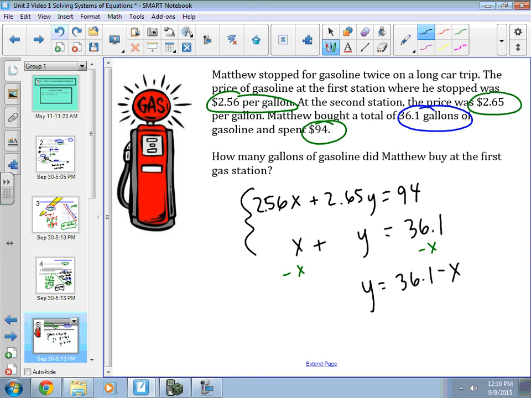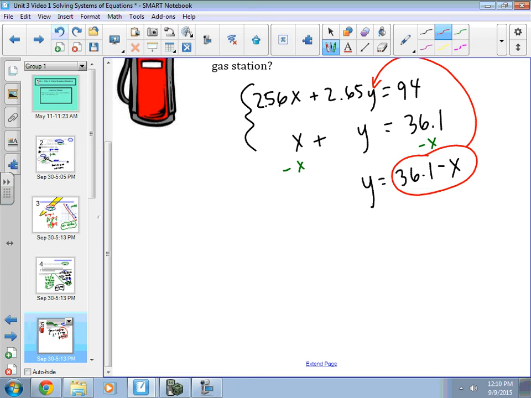Now we can do some substitution and substitute this information in for the y variable here because that's what y equals. So doing that, we get the equation $2.56 times x plus $2.65 times 36.1 minus x gallons equals $94.